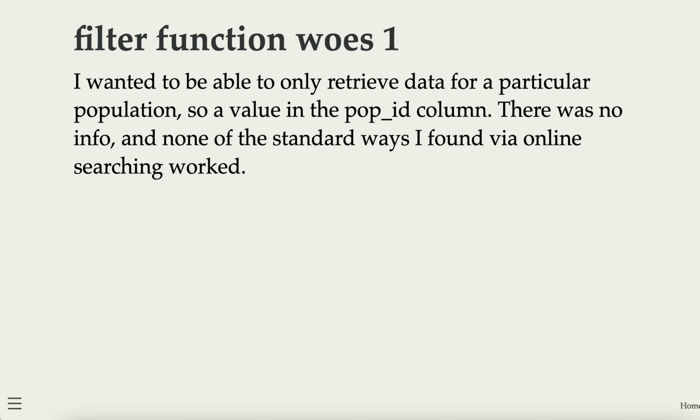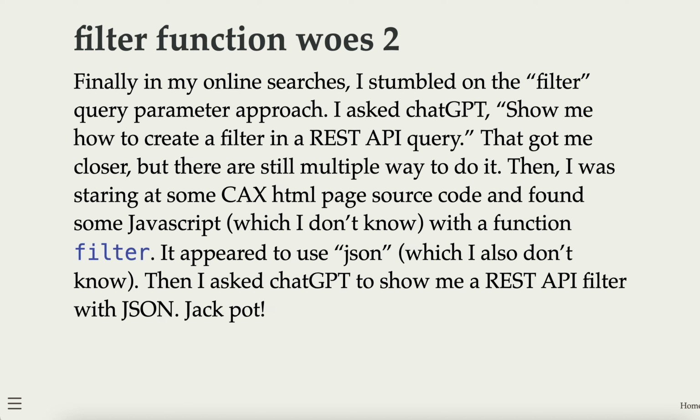There are a few different approaches you could take, and I didn't know how they'd set it up, and I didn't even know what I should ask them. But I just kept searching, and I stumbled across being able to pass in a parameter called filter. So it's filter equals, and with a little help from ChatGPT to tell me the format of these things, I was able to figure it out.